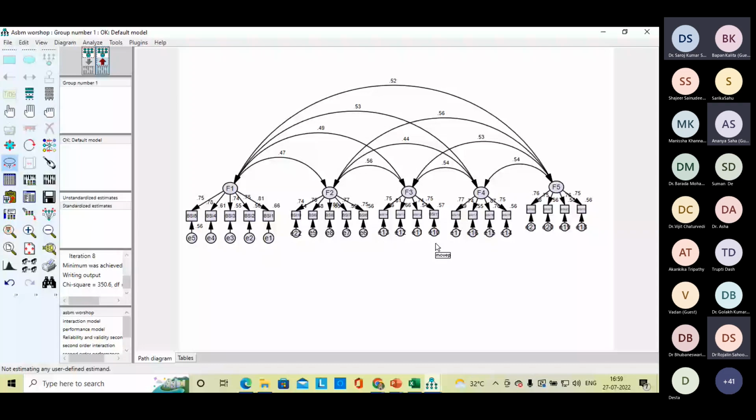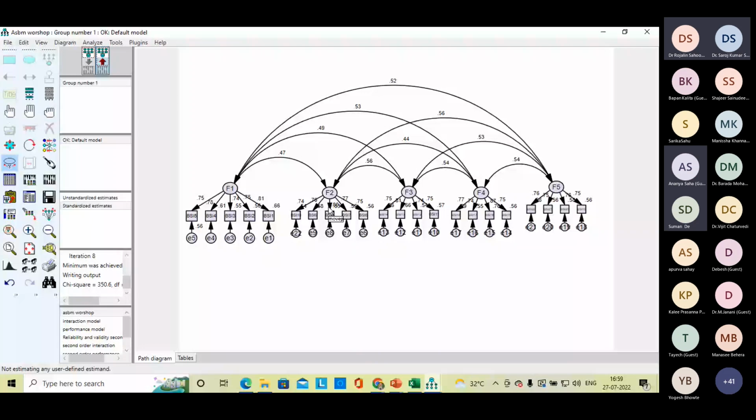For F2, please do it. It is 0.75. Look at my cursor movement. It is 0.75 plus 0.77 plus 0.80 plus 0.76.